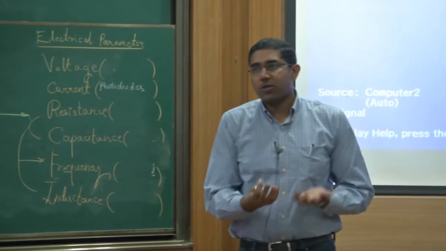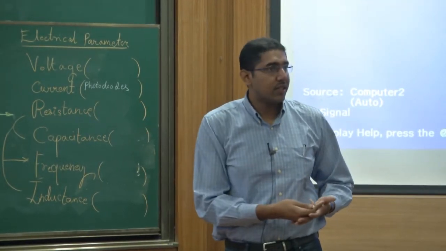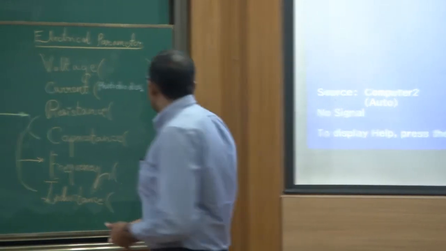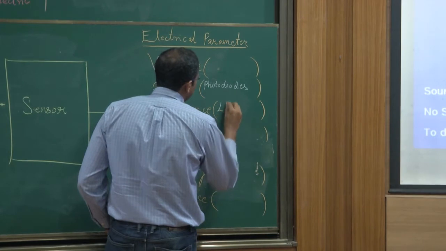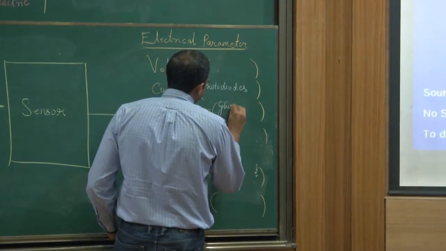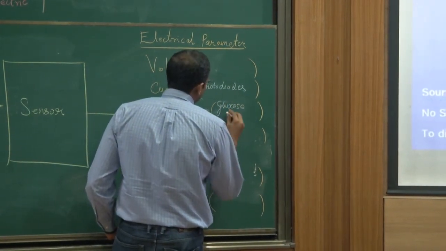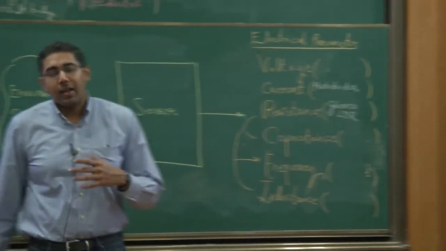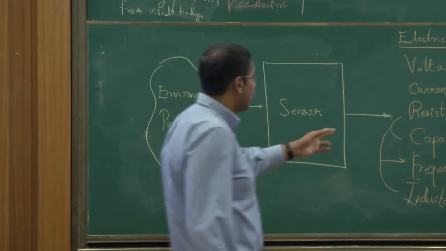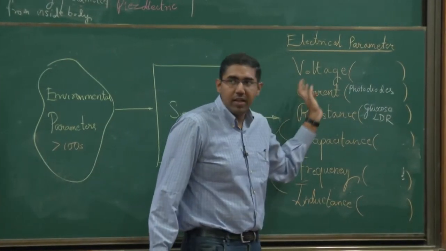Glucose oxidase could be a resistance change measurement. Simple temperature sensors like RTDs also change resistance with temperature.